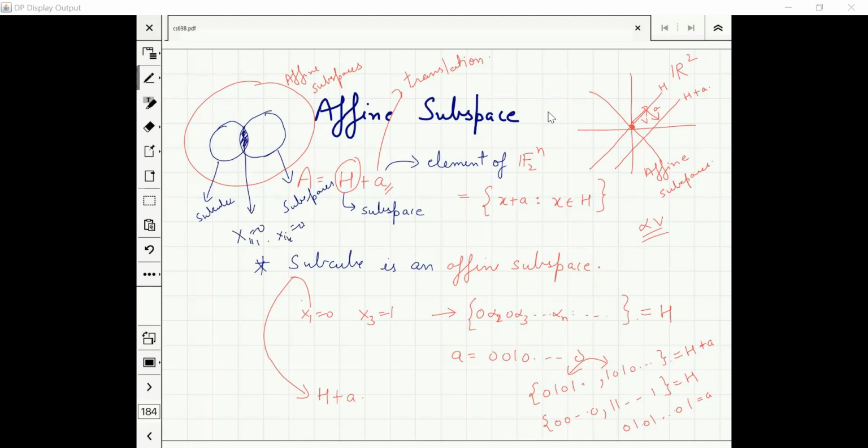This is in some sense a small summary of what we have seen. So F2 to the power n is a simple vector space. We can talk about subspaces of it, subcubes of it, affine subspaces.